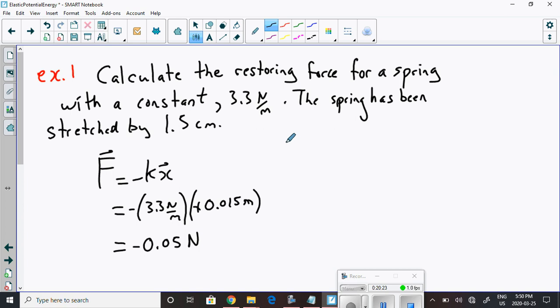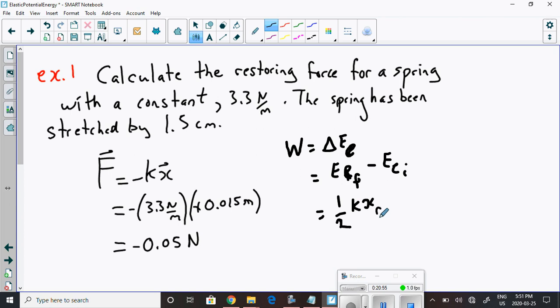So I can actually calculate the work done to stretch it, and in that case I can calculate the change in the elastic potential energy, which would equal elastic potential energy final minus elastic potential energy initial, which would equal a half k x final squared minus a half k x initial squared.